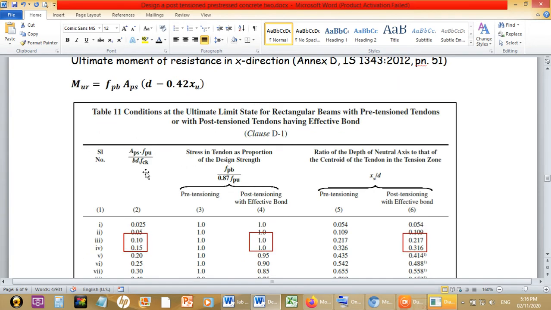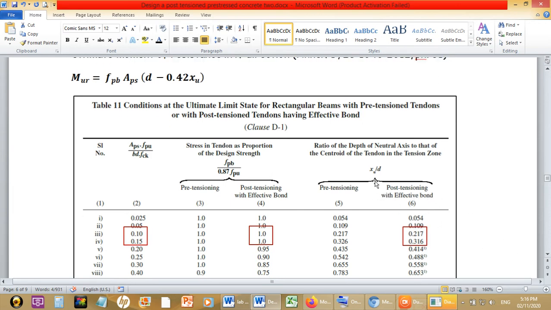See here how we get the value of FPB. So we are going to get the value of FPB from the column number 4, because we are designing for post tensioning, right? So the post tensioning with effective bond. So from column number 4 of table 11 we get the value of FPB, and from column number 6 of table 11 we get the value of XU.